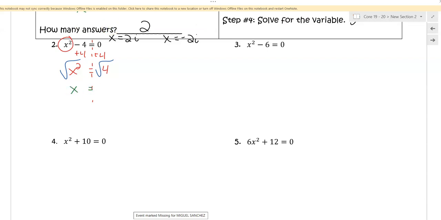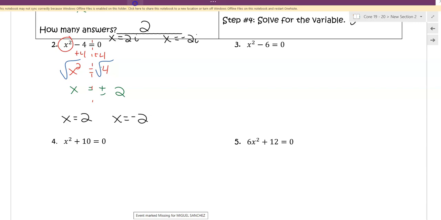The square root of 4, well, plus or minus 2. So x equals 2, x equals negative 2. There is no i because there's no negative number. So be careful with whether it has an i or not.